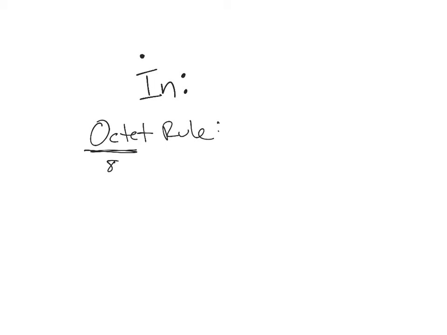And then we can use diagrams like the Lewis dot diagram, say for indium, which looks like this, to find oxidation numbers for elements. And the reason we have to do this is because of something called the octet rule. We know that oct means 8, and the octet rule says that all atoms want 8 valence electrons.